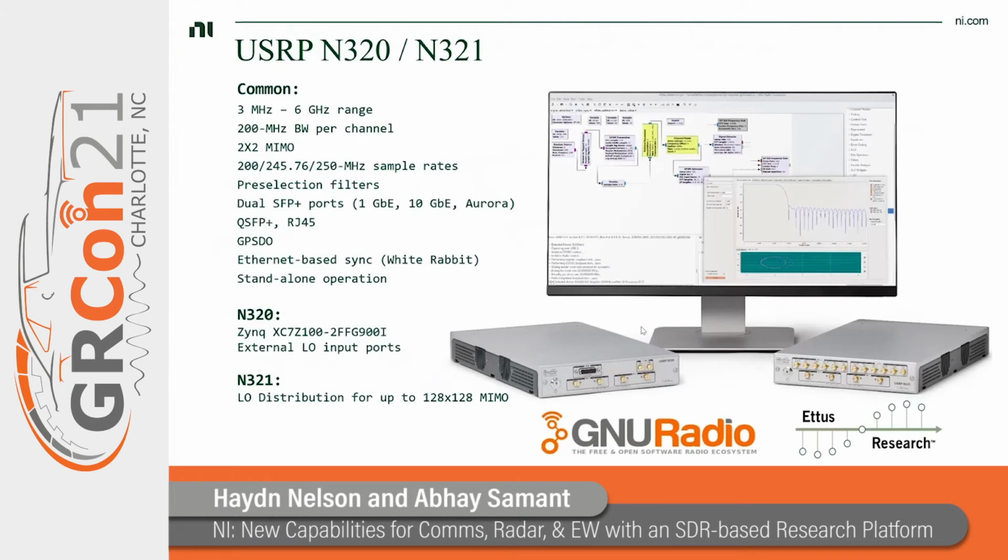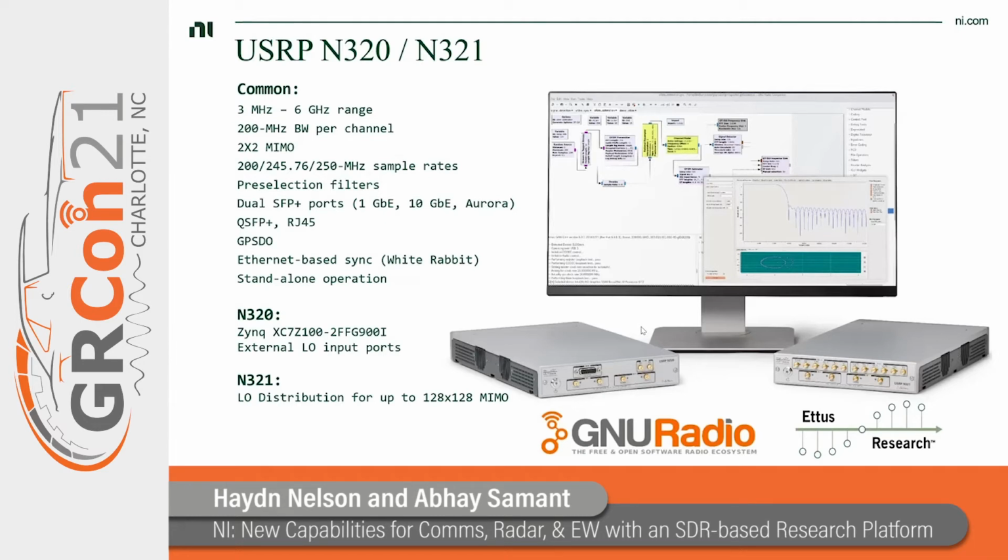So let's zoom in a little bit more on the reference architecture. We looked at a portfolio of USRPs that are available from the NI and Ettus Research brand. And the one from that portfolio we chose to focus on is the N320, N321. Here are some of the key specs of that radio. One of the main reasons why we chose this Ettus radio is because of the LO sharing capabilities that it has.